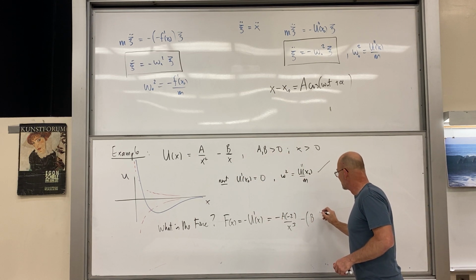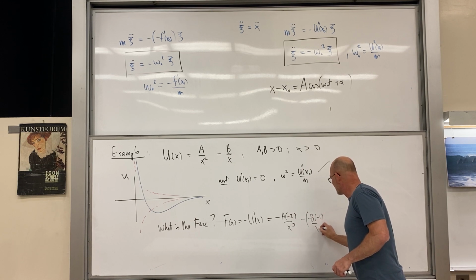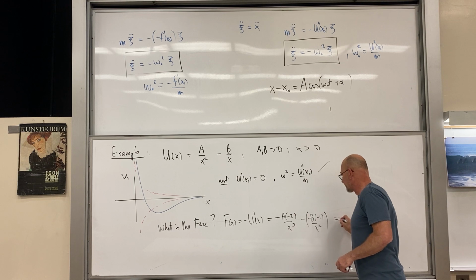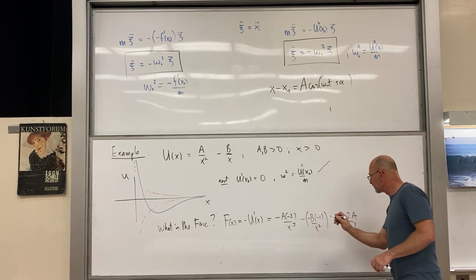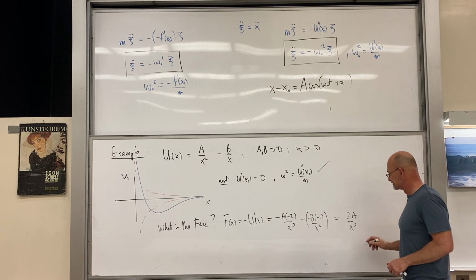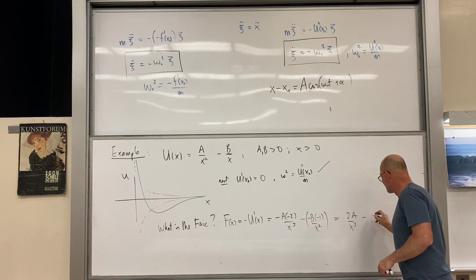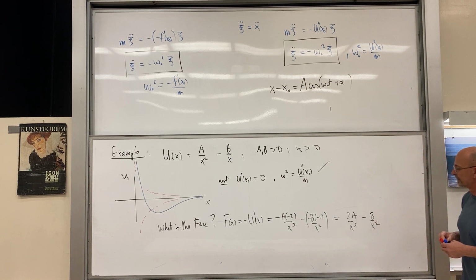Minus b over x squared. Okay, so 2a over x cubed minus b over x squared. So there's our force.